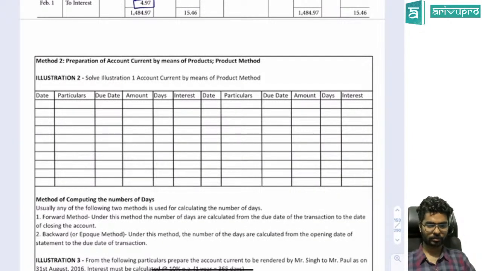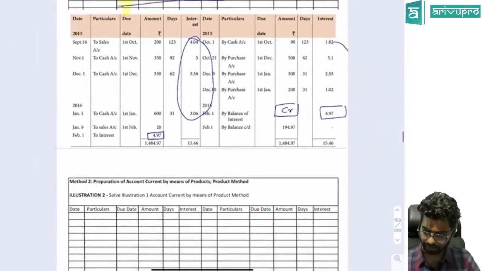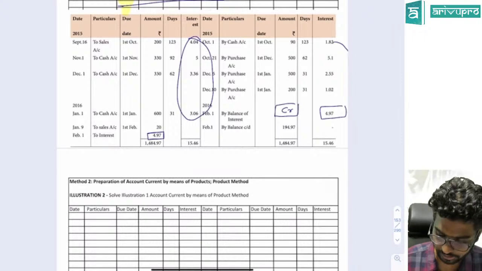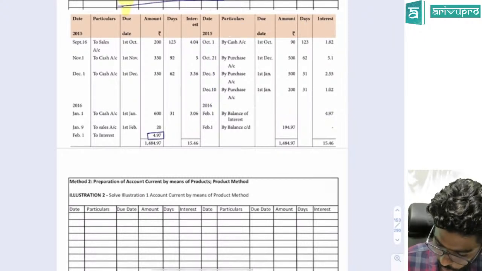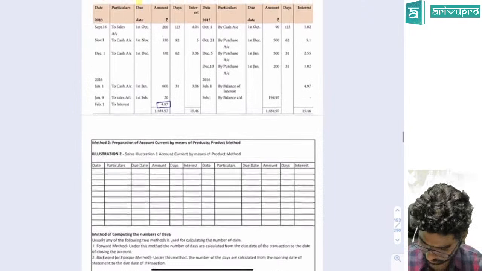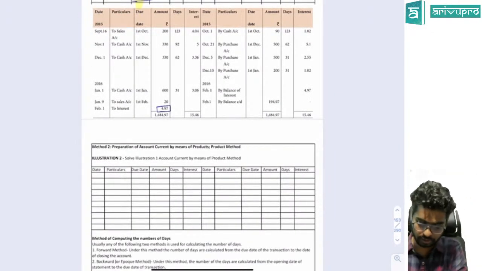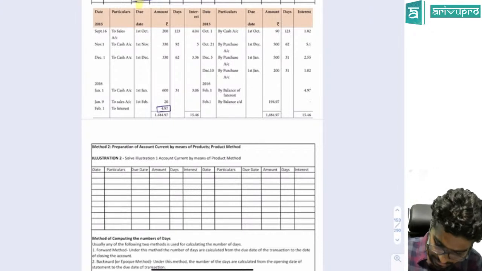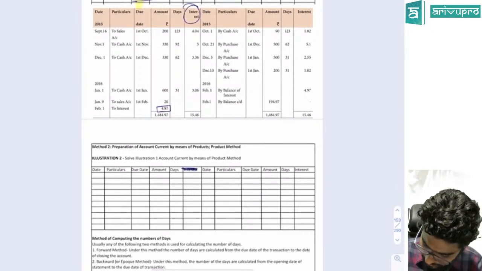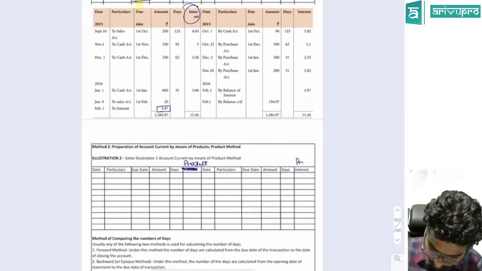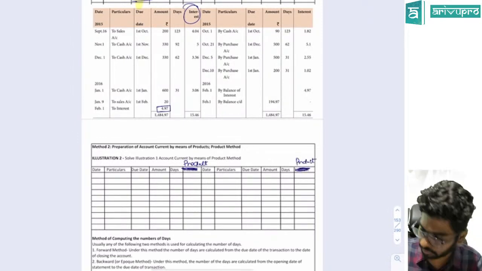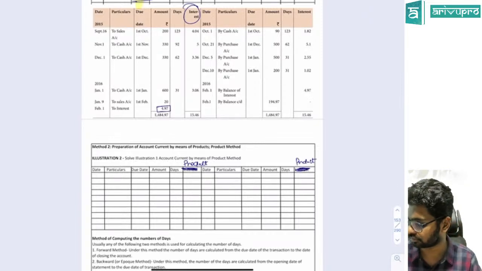Now, guys, since we have done this already, I'll tell you how we do the products method, and it's easier that way. Now the change between both of them is that here we were writing interest. Instead of interest, I write it as product. Are you clear?